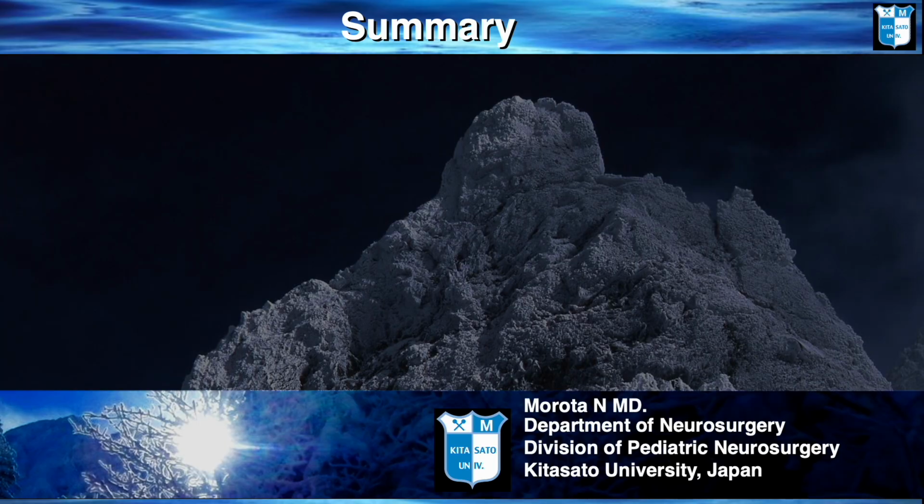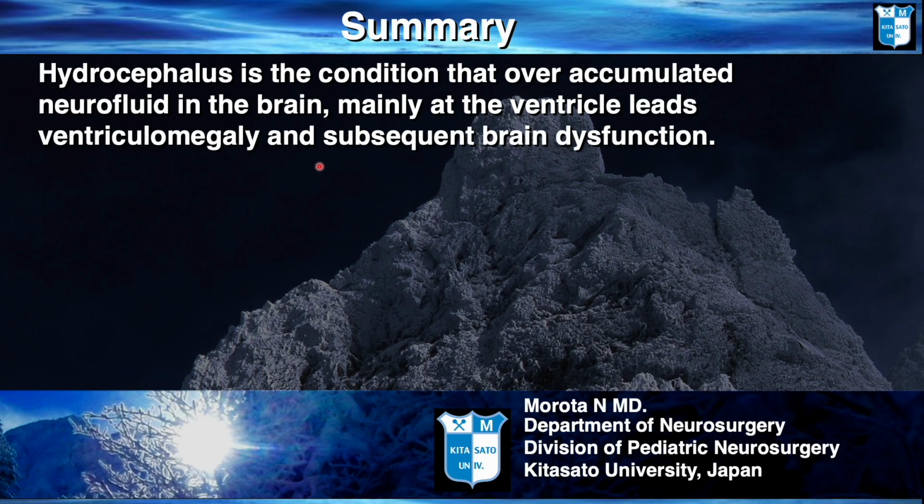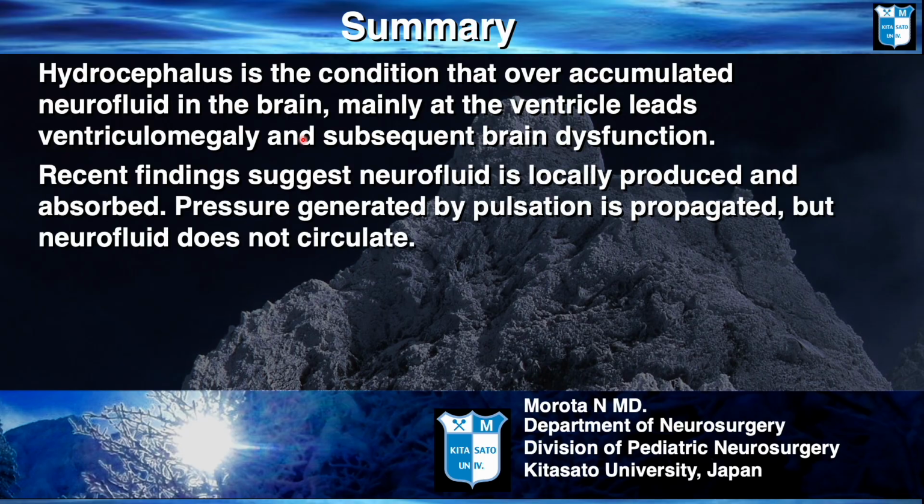This is a summary of pediatric hydrocephalus. Hydrocephalus is a condition in which overaccumulated neurofluid in the brain, mainly in the ventricles, leads to ventriculomegaly and subsequent brain dysfunction. Recent findings suggest neurofluid is locally produced and absorbed.